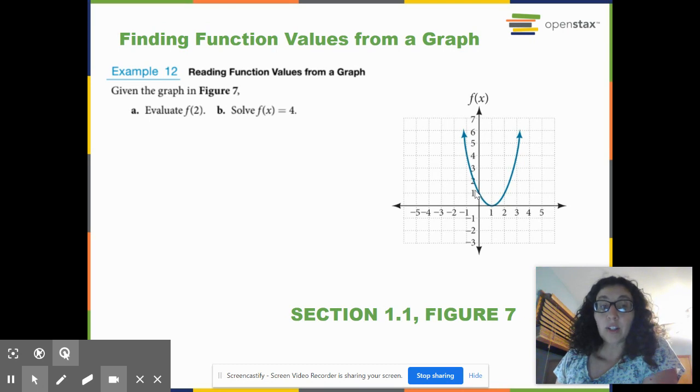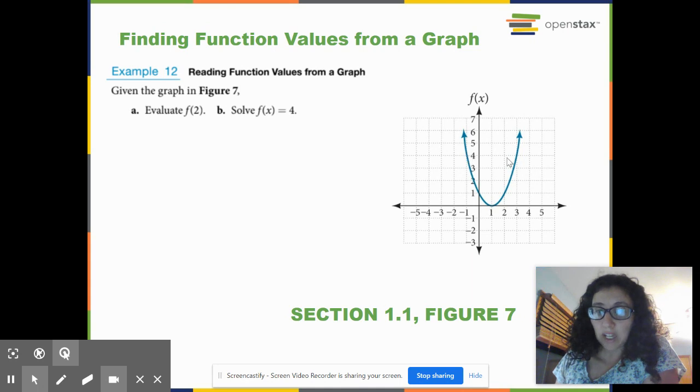How about solve f of x equals 4? We go the opposite way. We go up to the y-axis. We say, okay, here's 4. Where does this graph cross that line of 4?